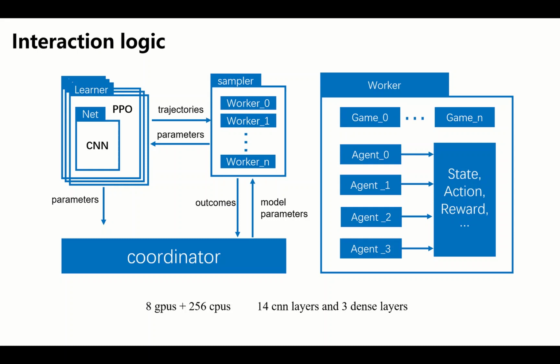The training process requires 8 GPUs and 256 CPU cores, and the network size is about 14 layer CNNs and 3 dense layers. The Mahjong environment was made by ourselves.